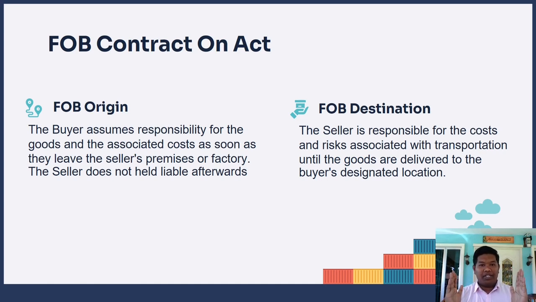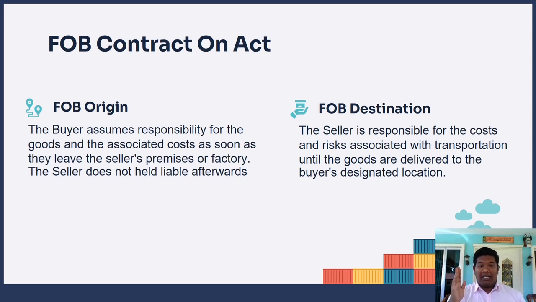So FOB origin originates from the seller's place, the starting point. All associated goods, all associated documents, all associated costs would be borne by the buyer. Alright, so that is FOB origin. So how about FOB destination?